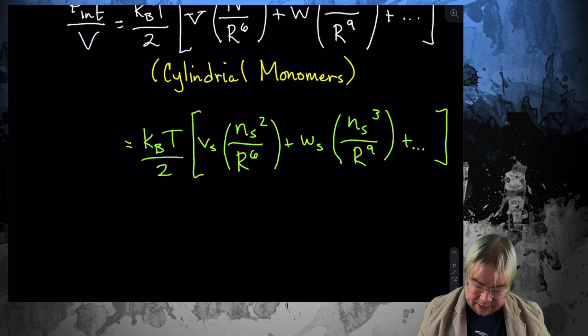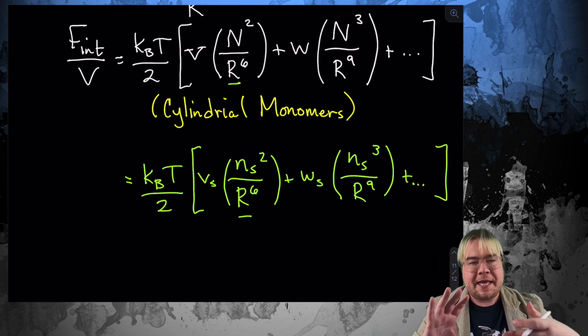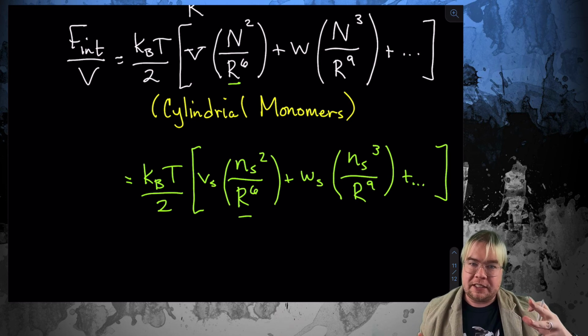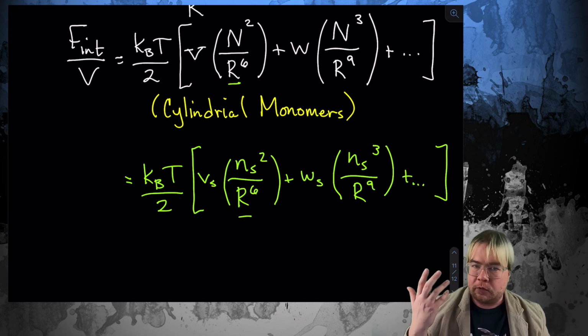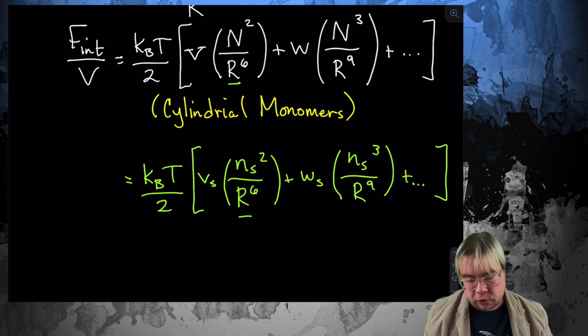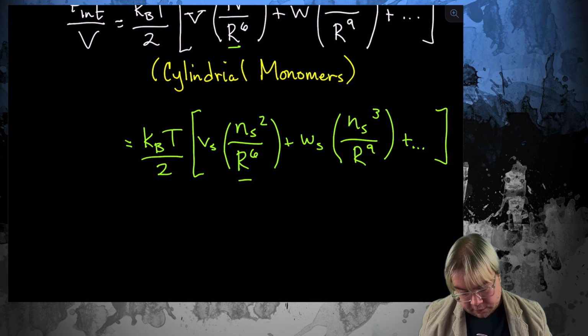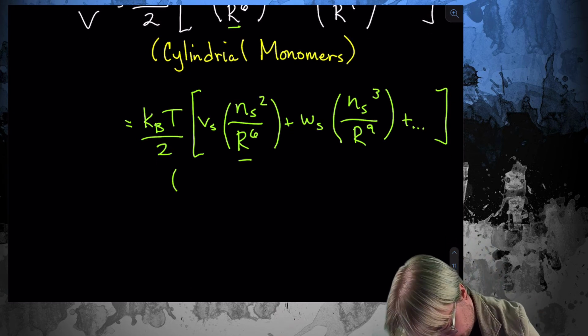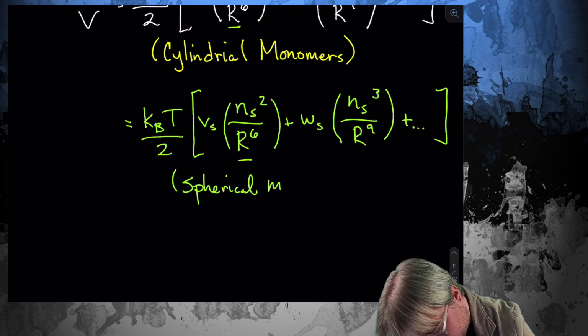And R is the same in these two expressions. So here I have capital R, here I have capital R, because that's the size of the chain. The size of the chain doesn't change based on whether I describe it in terms of spherical monomers or cylindrical monomers. So they're going to be the same. Okay, so this is for spherical monomers.